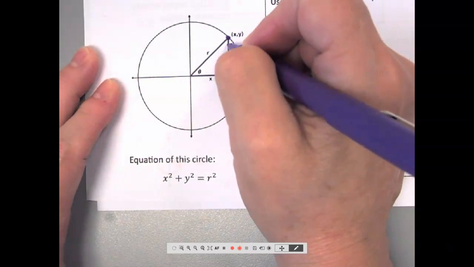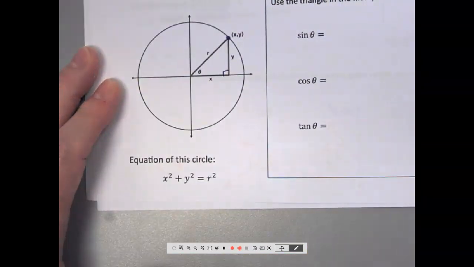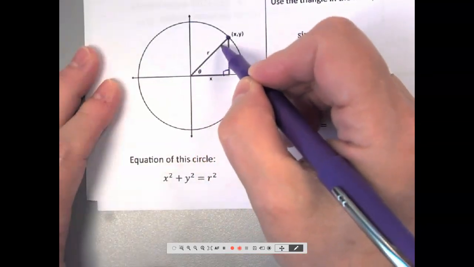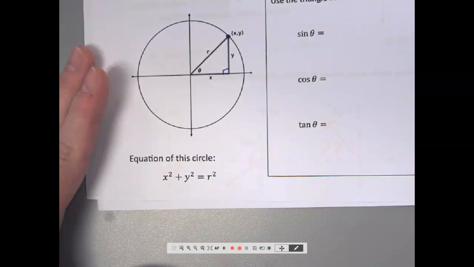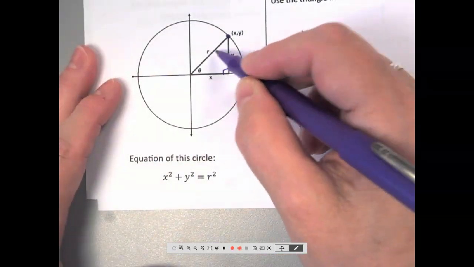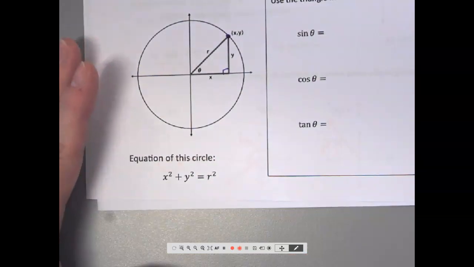If I drop down from this point such that it's perpendicular, and I connect that radius to that point, then I have a right triangle. X squared plus y squared equals r squared is where the equation comes from.